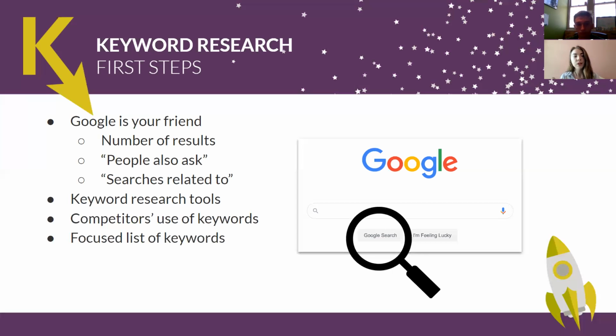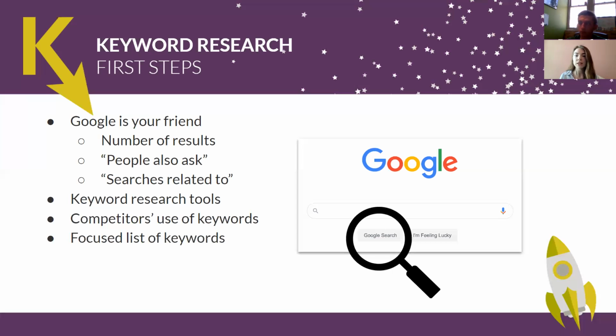So really you want to start out on Google, and there are a couple things you want to look at. Type in a word or phrase that you think relates to your business. You'll look at the number of results. That gives you an idea of how many other people are trying to show up for that word.